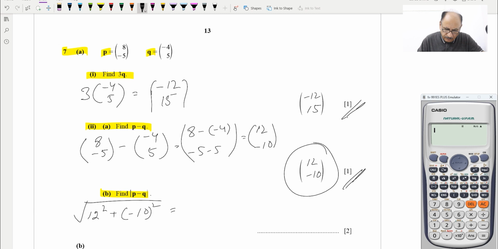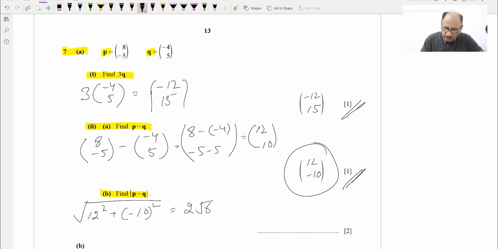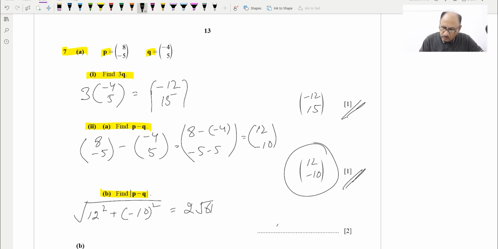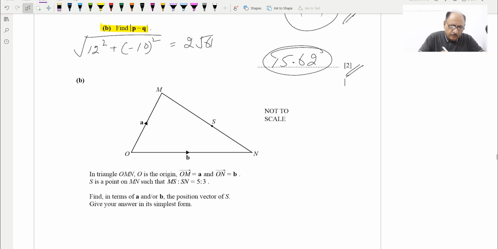This will be the square root of 12 square plus, in brackets minus 10, squared, and this will be equal to 2 square root of 61, and the decimal value is 15.62. So 15.62 will be our answer for 2 marks. Hopefully you understand.